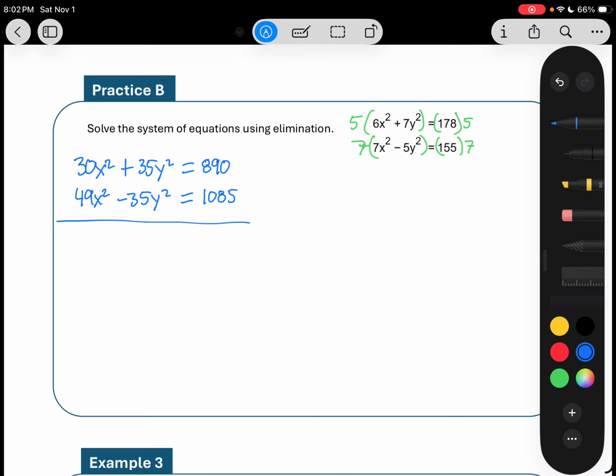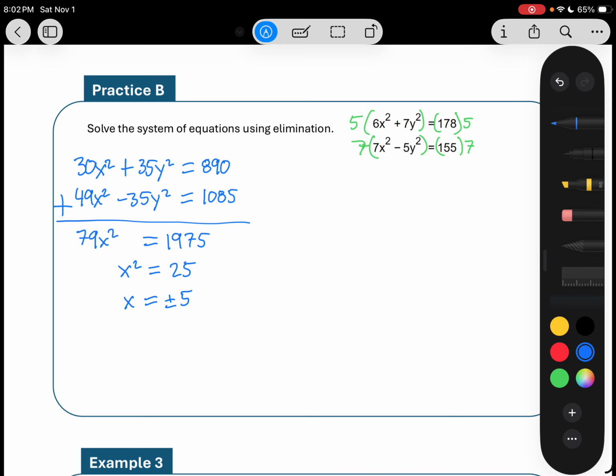So now we'll go ahead and add those up. I get 79x squared is equal to 1975. Now divide by 79. We actually get a nice number, 25. So therefore x is equal to plus or minus 5.